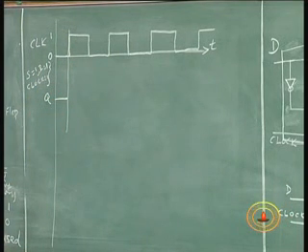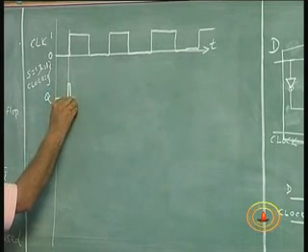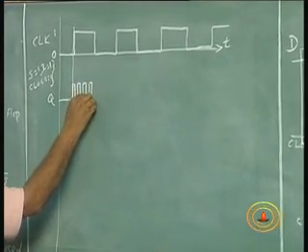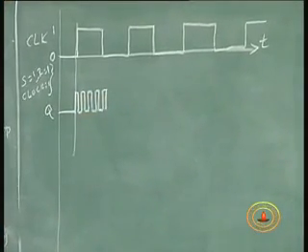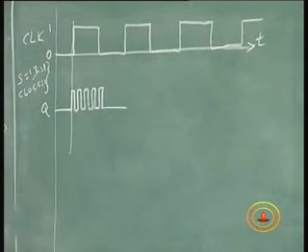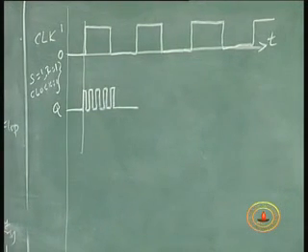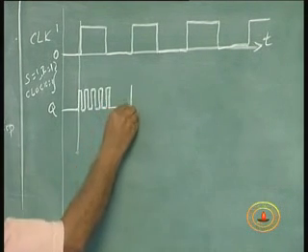We don't know if it's a 0 or a 1. We'll have to assume something. So 0, but then it becomes 1, it becomes 0, 1. And then again it will calm down when the clock is 0. Again when the clock goes high, it goes berserk.